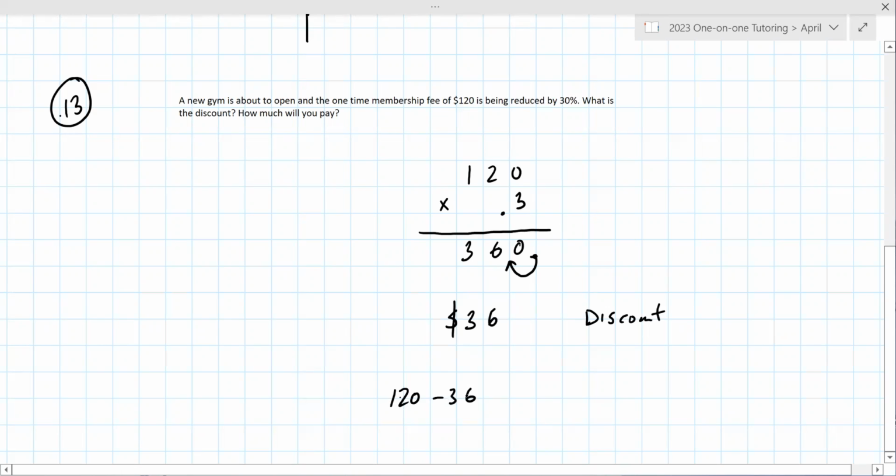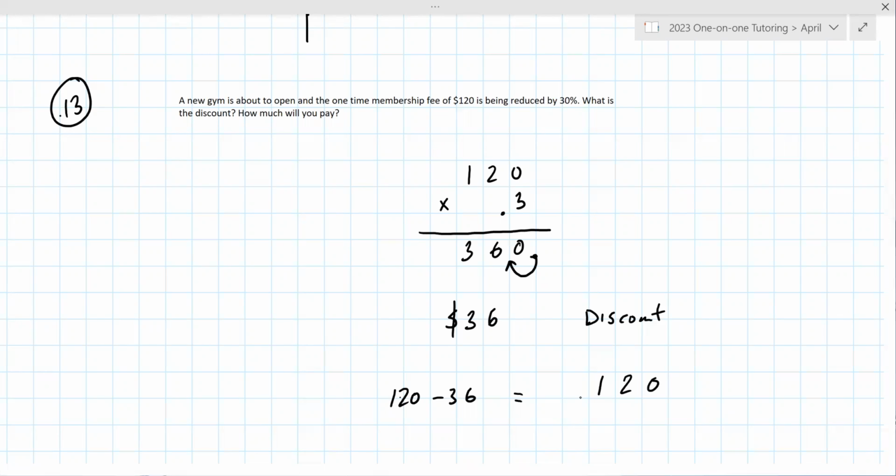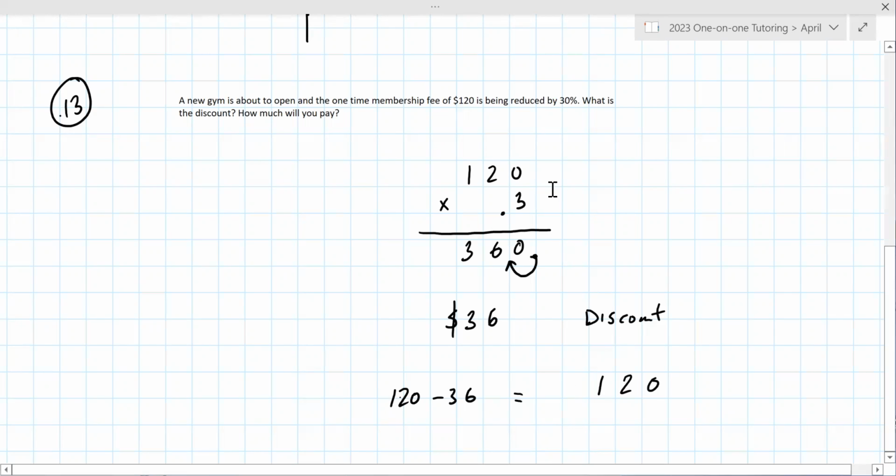Say that again. 240. No, you're subtracting. 120 minus 36. I thought it was 306. Oh, you've got to move the decimal over. So yeah, 74. Yes. No, 84. 84. Sorry.